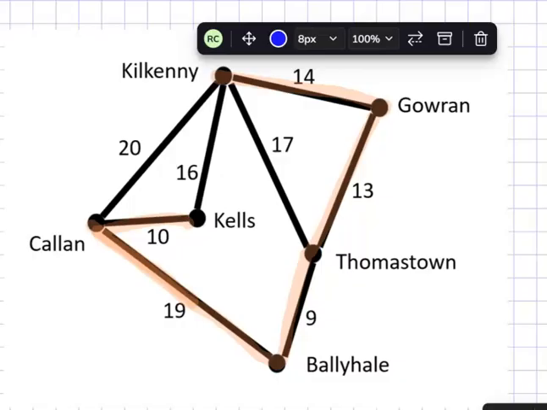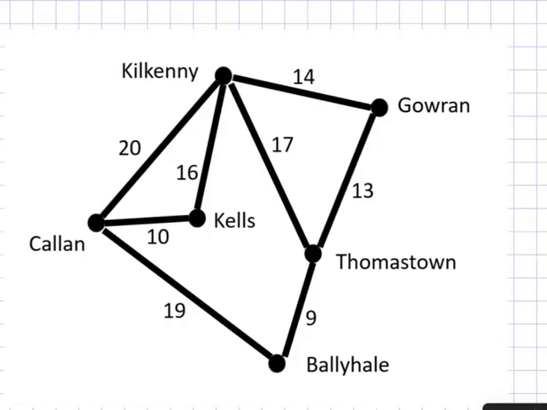Now, that was just where I didn't really care where I started or where I finished. You might have a situation where you have to start and finish at the same place. So let's define where we're going to start. Let's start at Kilkenny.